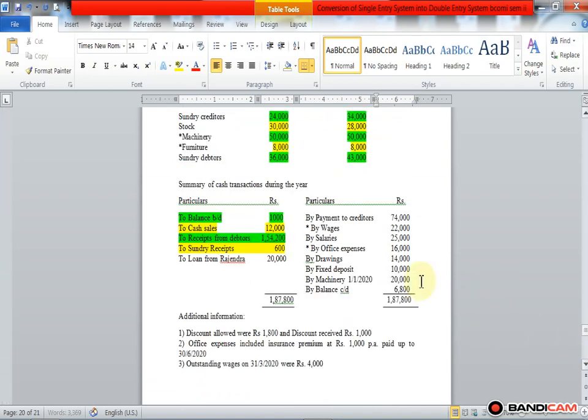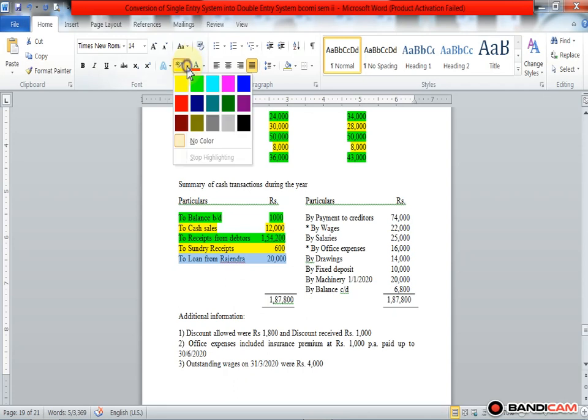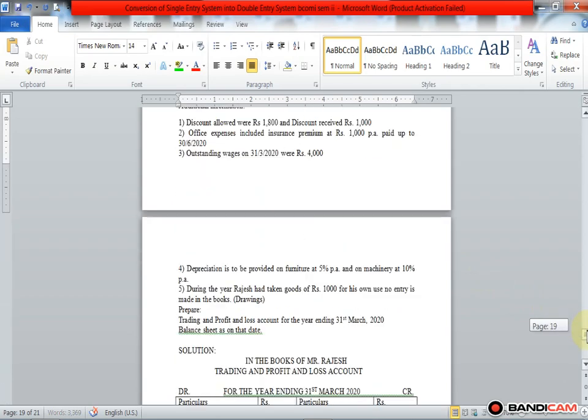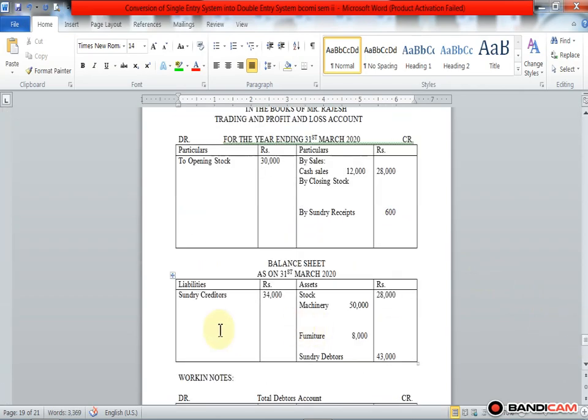Then loan from Rajendra. Okay, so loan is our liability. Loan is a liability of Mr. Rajesh. So this liability is transferred to the closing balance sheet liability side. Loan taken from Rajendra during the year 2019-20 means this liability is the current year's liability, so it is transferred to the closing balance sheet liability side.